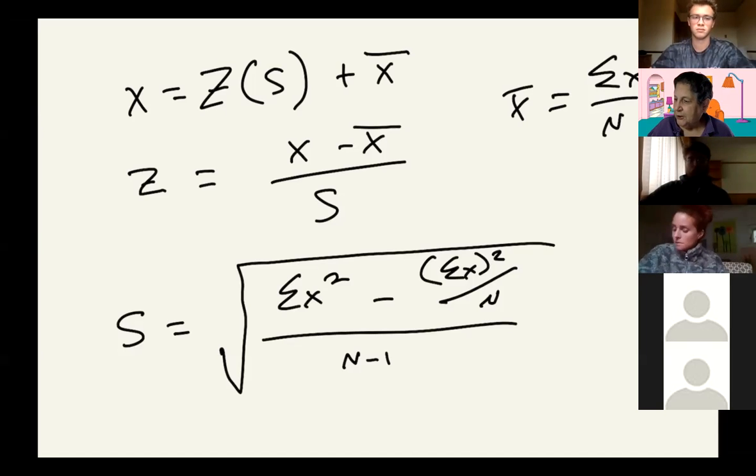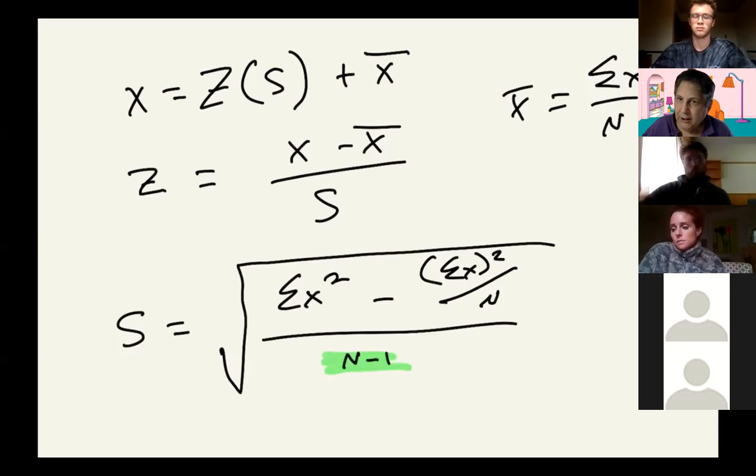All that that's referring to, by the way, is the denominator here. If you're talking about a population, you typically use, not you, the rest of the world, like computer software, just n.